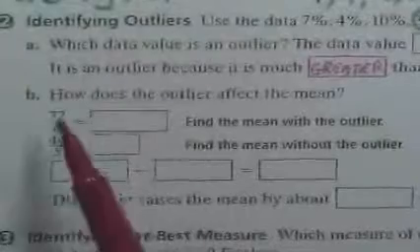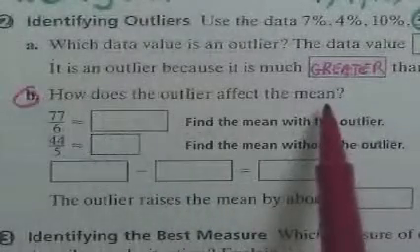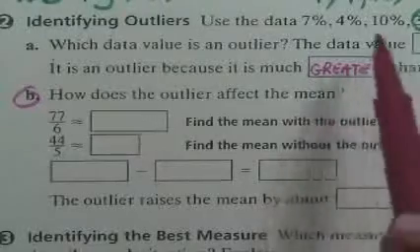Next question is, letter B, how much does the outlier affect the mean, the average? If I add up all these numbers, that comes out to a total of 77. And there are 6 numbers.